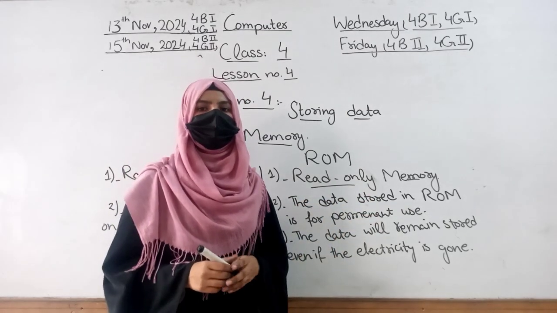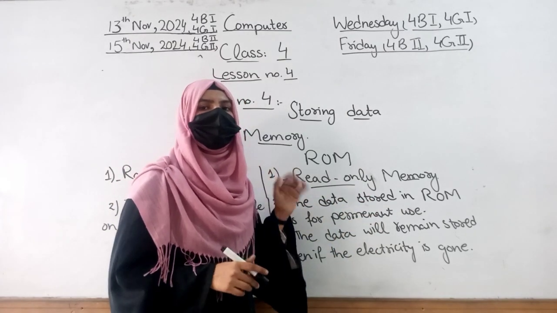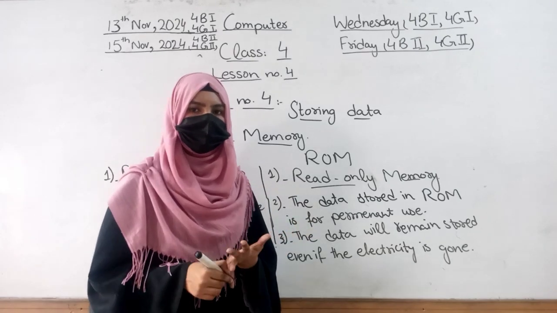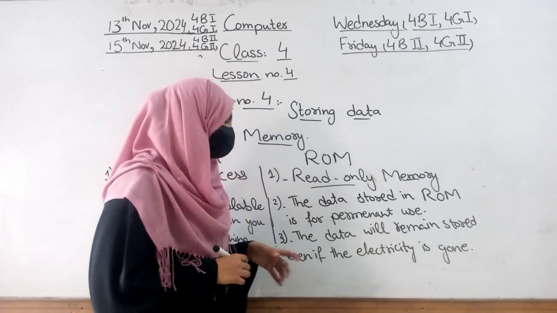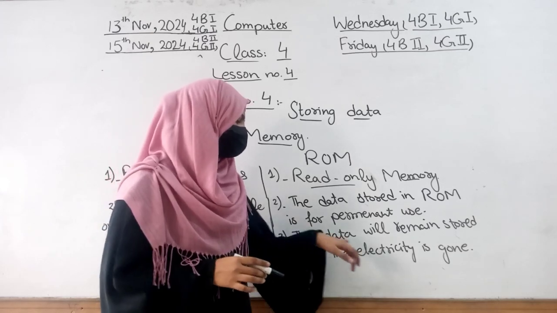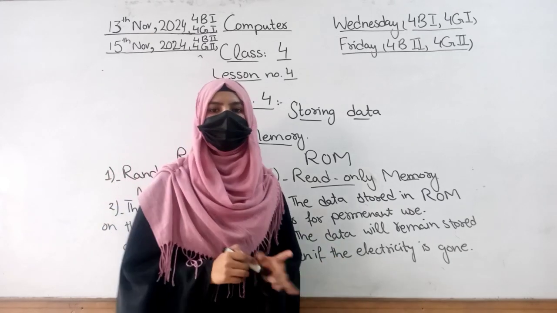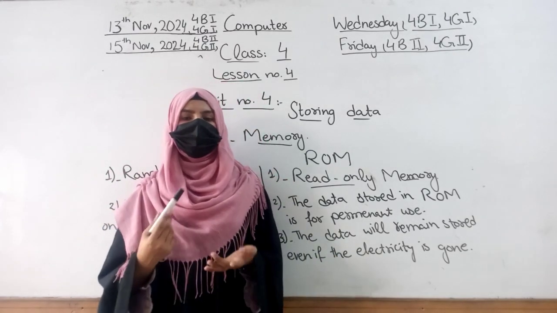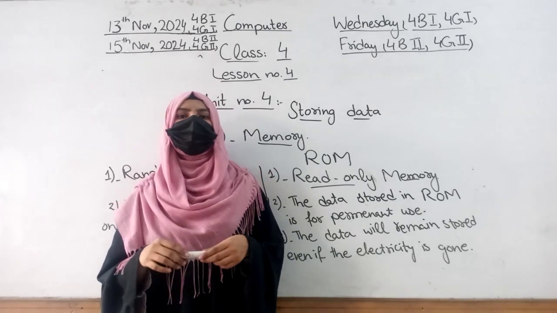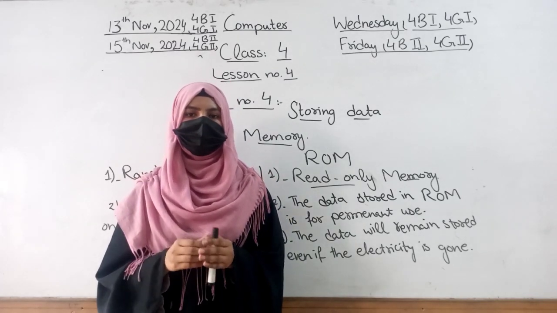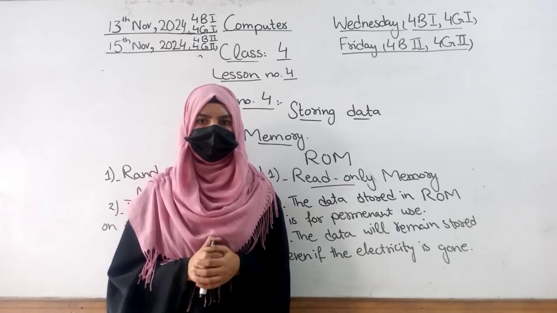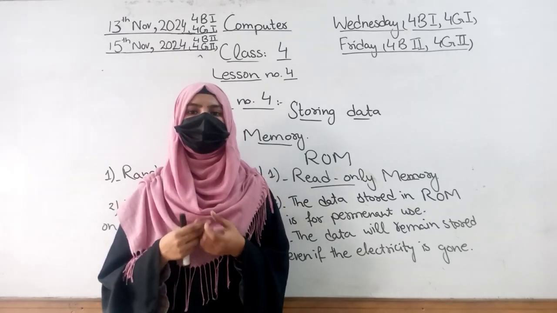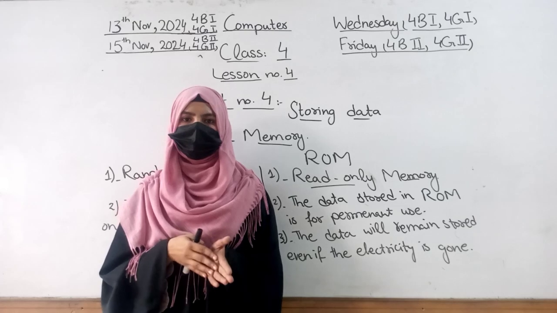So RAM stores data for a temporary period of time, and ROM stores data for a permanent period of time. The data will remain stored even if the electricity is gone. It means that you are doing something on the computer and you have saved the document. You are writing a story and you first save the document. Even if the electricity is gone, your document will be saved.